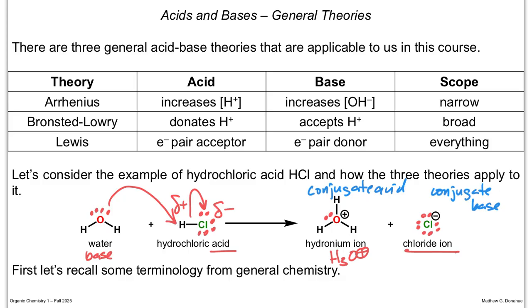To rationalize that, we can just apply that Lewis definition again. If chloride is the conjugate base, it has electrons that it can donate to abstract a hydrogen from hydronium. We then break an OH bond where those electrons go back onto this oxygen, so that oxygen accepts them. Any questions so far?